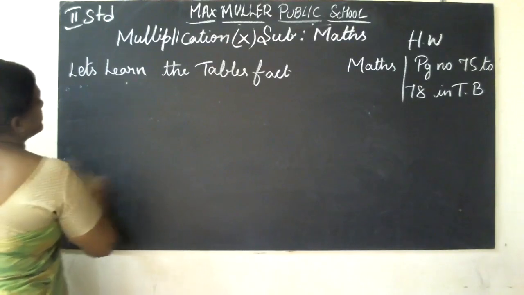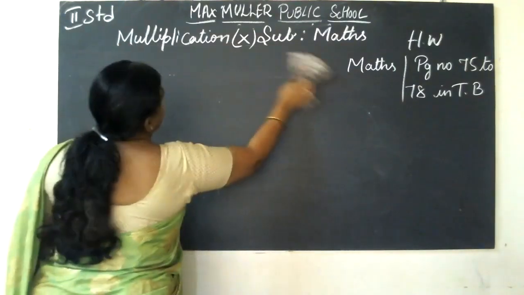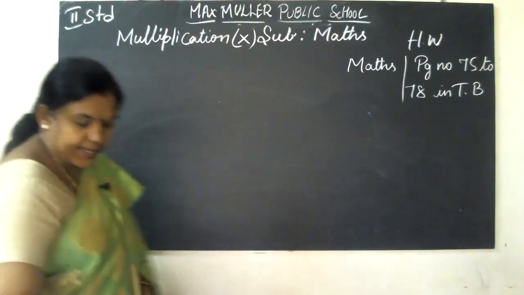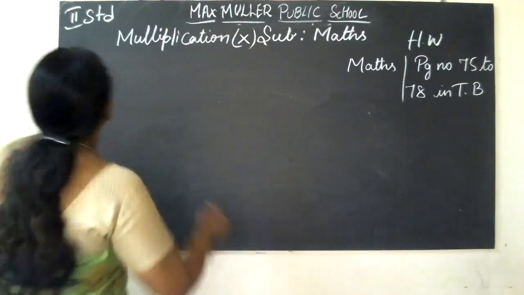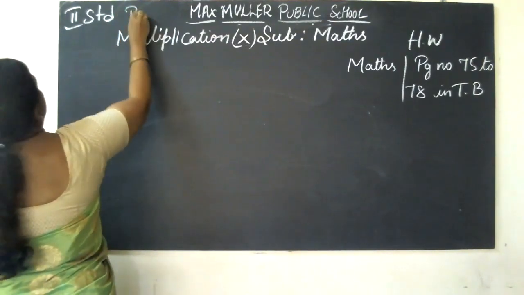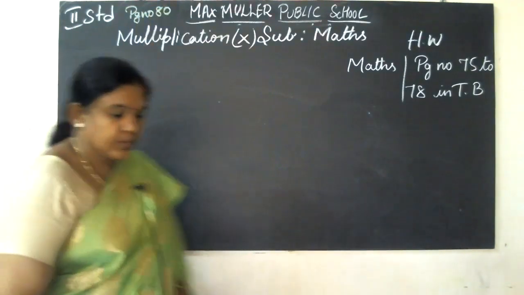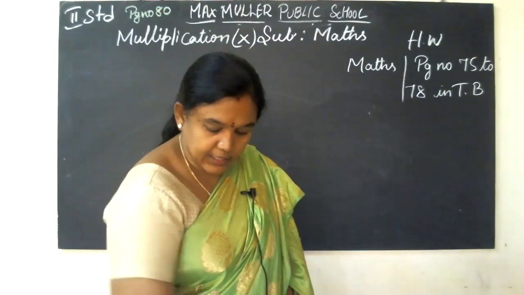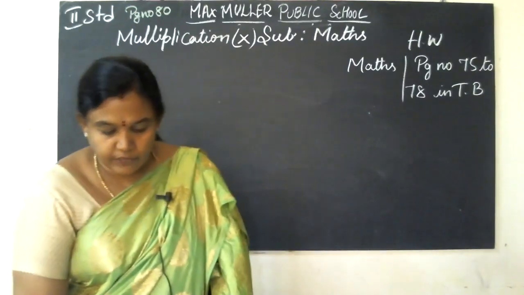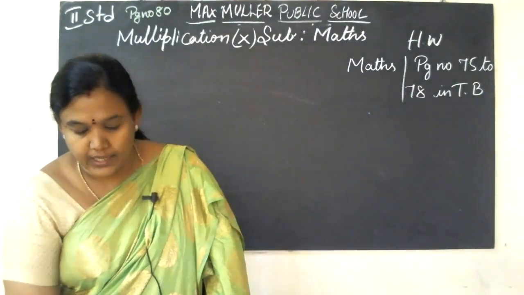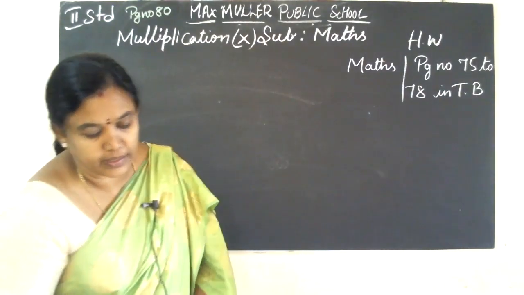Now go to page number 80. You don't want to write, children, only listen properly. Now, an easy way to learn 3, 6, 7 and 9 tables is the tic-tac-toe method.